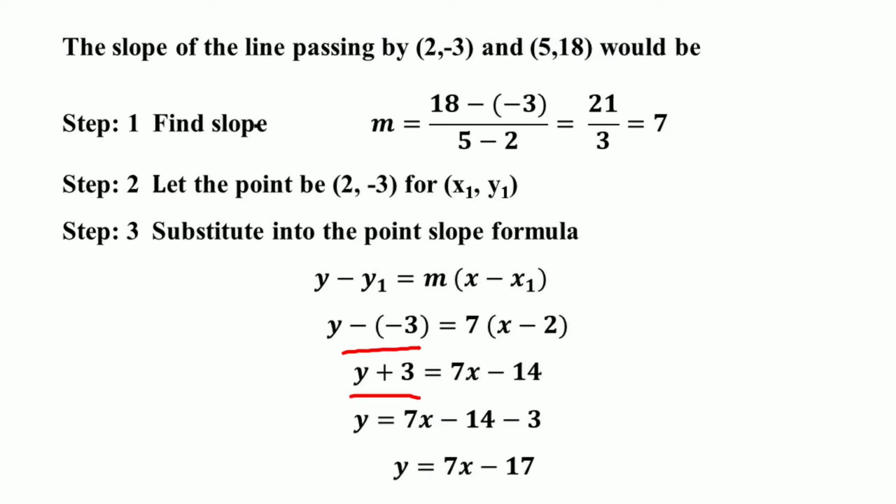So y plus 3 is equal to 7x minus 7 into 2, which is 14. Taking plus 3 to the right hand side, it becomes minus 3. So y is equal to 7x minus 14 minus 3. So y is equal to 7x minus 17.